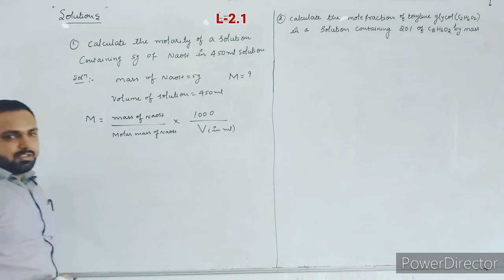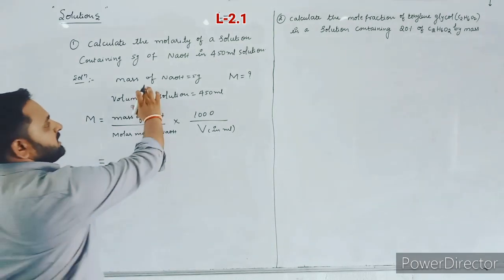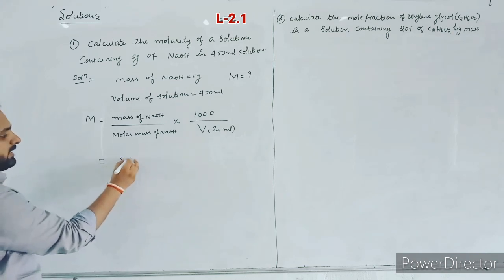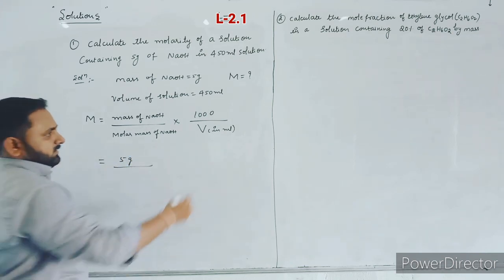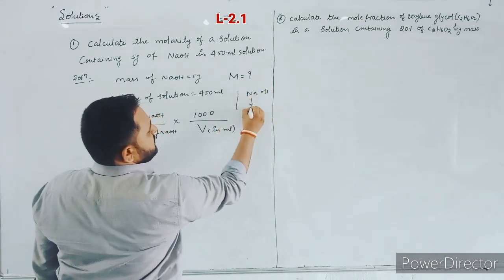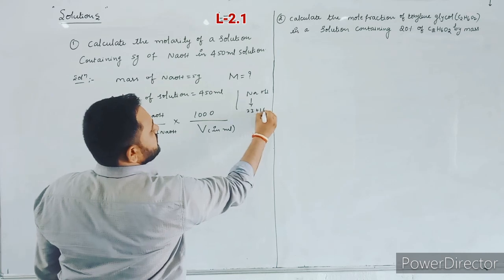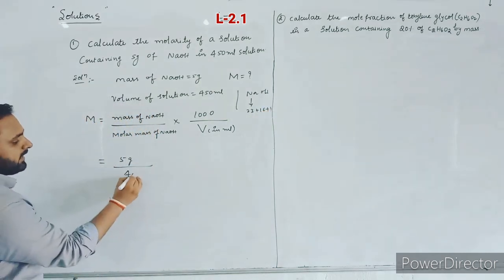Now let us substitute the values here. The mass of sodium hydroxide is 5 grams, divided by the molar mass of sodium hydroxide. Let us calculate: sodium is 23 plus oxygen 16 plus 1, it is 40 grams.